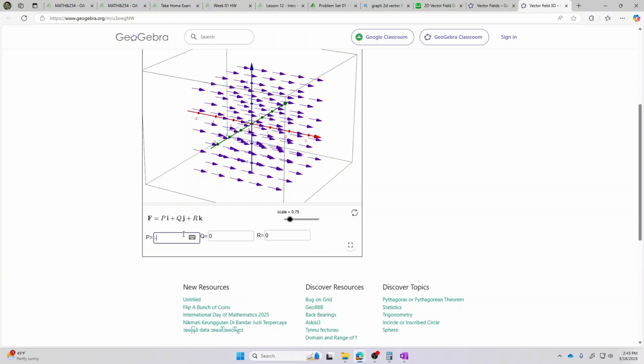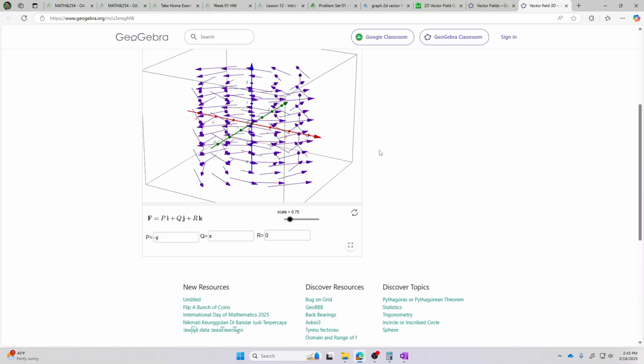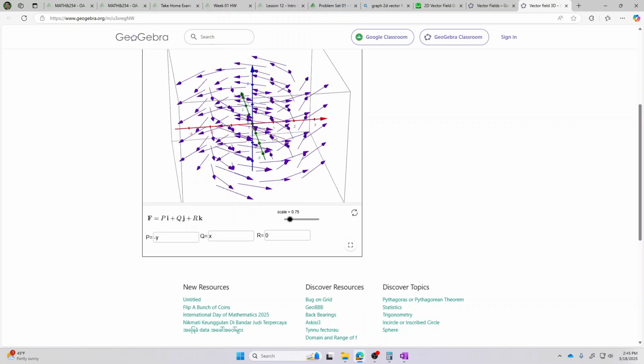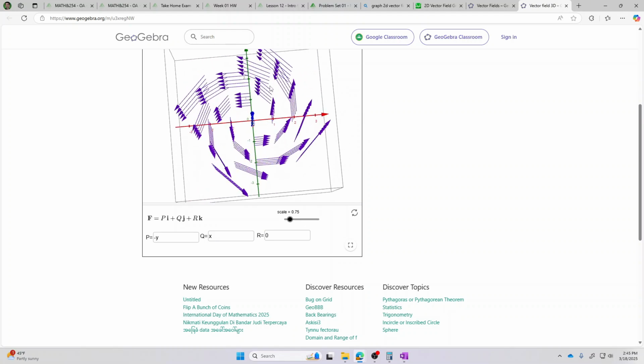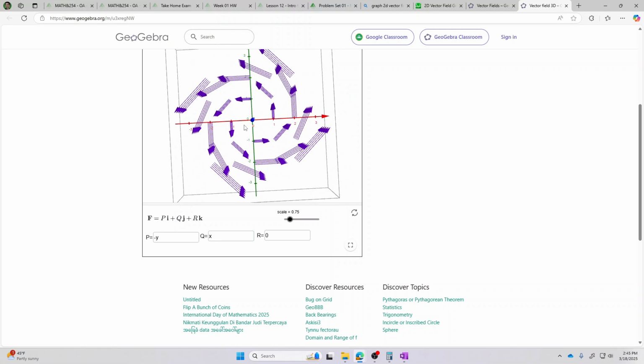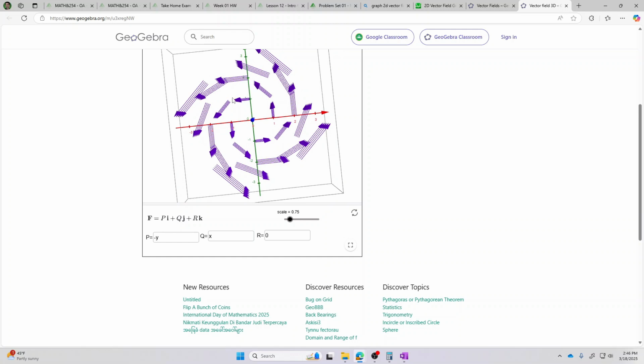So that's negative y, that's x, and that's 0. Okay, if I look at how the vectors are swirling around the z-axis, I can see that these vectors are swirling counterclockwise around the z-axis. So for this vector field I would expect to have a pretty distinct positive curl in the z component.